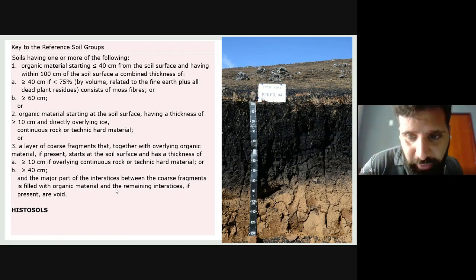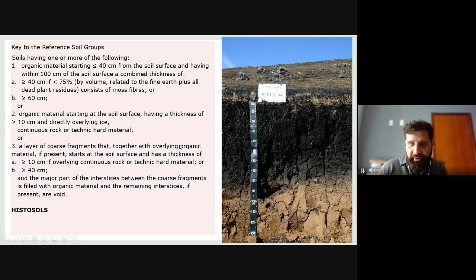Also in this case, for example, I can easily see that at least 60 centimeters from the surface of this soil profile are organic horizons, organic materials.